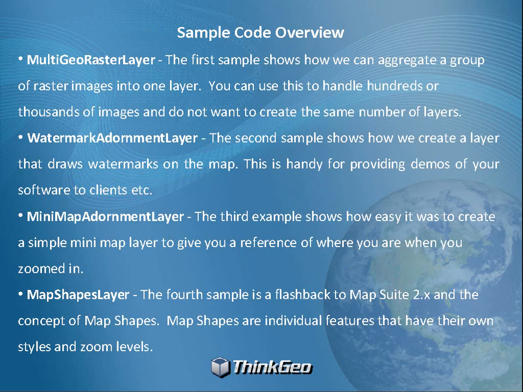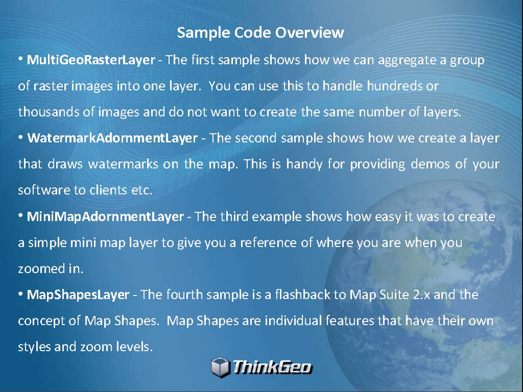So for the sample code overview, we're going to be dealing with 4 different samples today. The first one is a multi-geo raster layer, and it's going to show you how we can aggregate a group of raster images into one layer. We did this because there was a user who said, I have a directory of hundreds or thousands of GeoTIFF images, and I'm afraid of creating a layer for each one of those because when I call the open core, is it going to initialize all these different files?